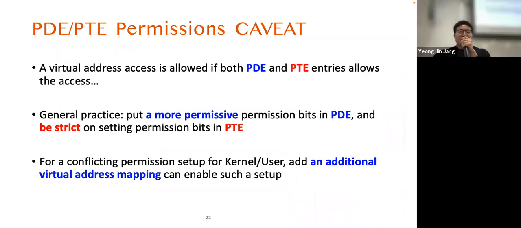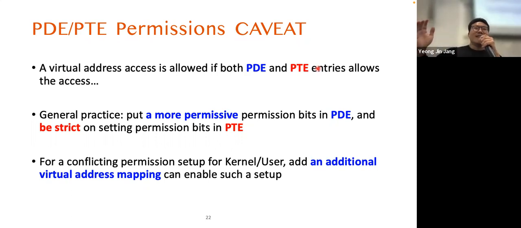For the permission settings, there are some caveats. When we access a virtual address, the CPU will check both the page directory entry and the page table entry for the permissions. It will check the page directory first and also the page table entry.